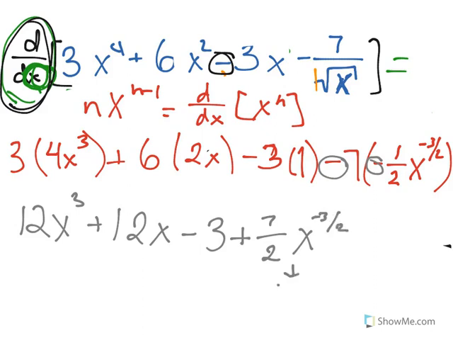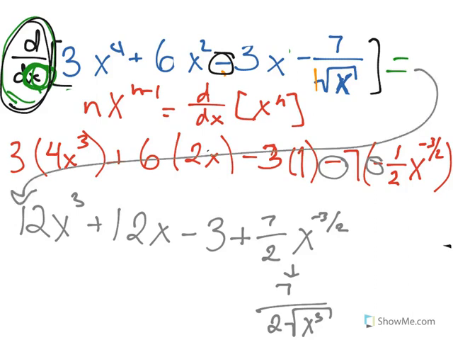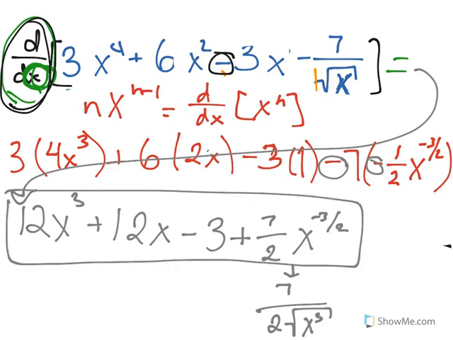This can be written as 7 over 2 the square root of x cubed. Whatever you prefer, it's exactly the same thing. And so this is the derivative of the polynomial we got. That's our answer. Feel free to work it out yourself.